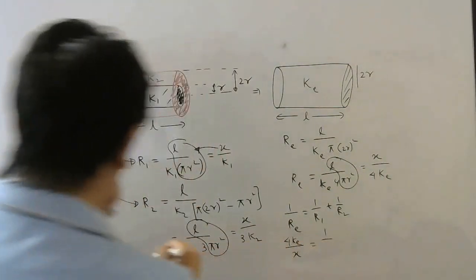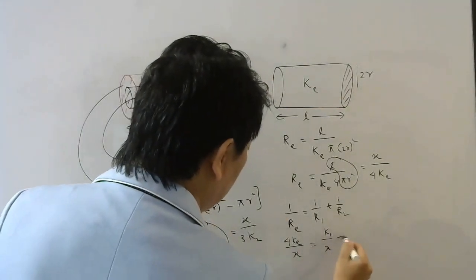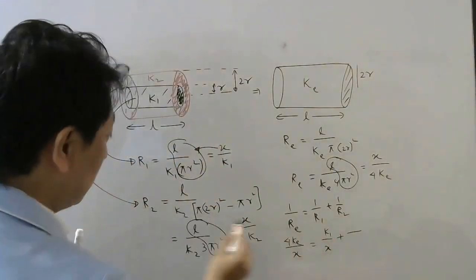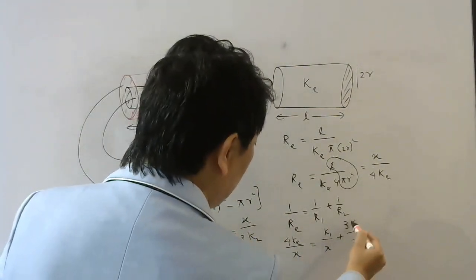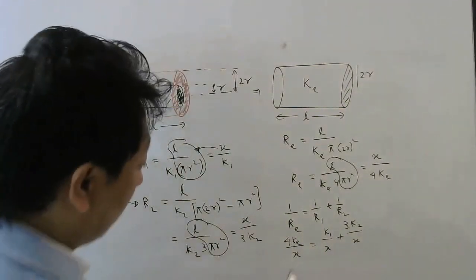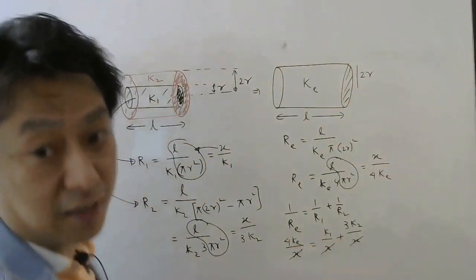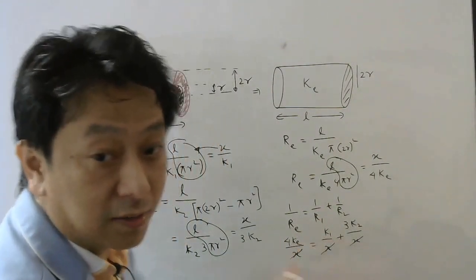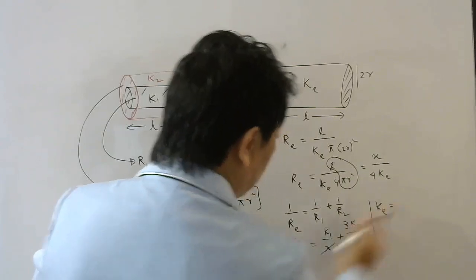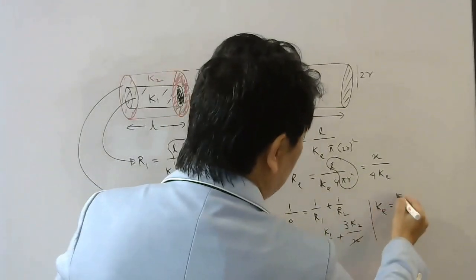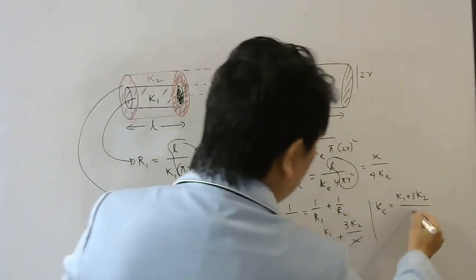Similarly, when you put R1, x by k1, x will be here and k1 will go in the numerator. And R2 is x by 3k2, so x will be here, 3k2 will go up. Now you can see x is here also, here also, here also. So you can take 1 by x common and x will cancel. So what will be your K effective? K1 plus 3k2, divided by 4.